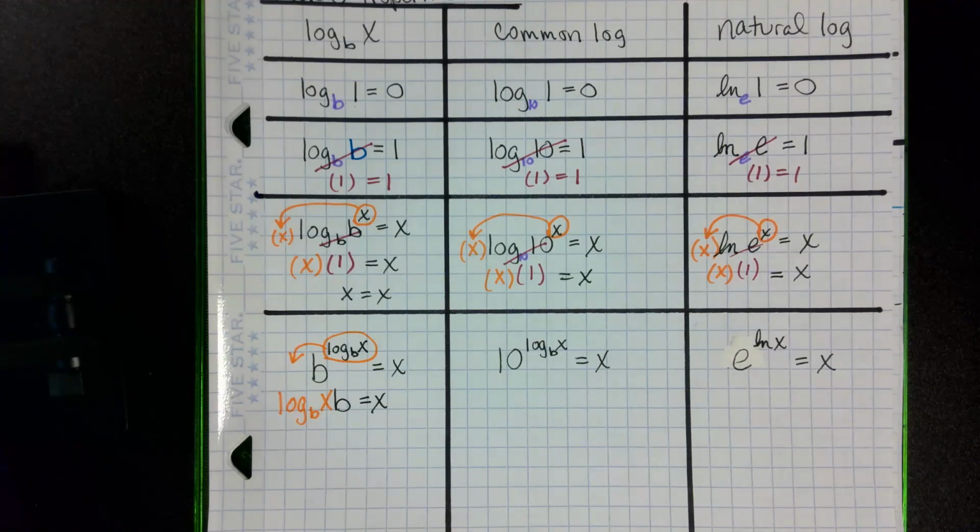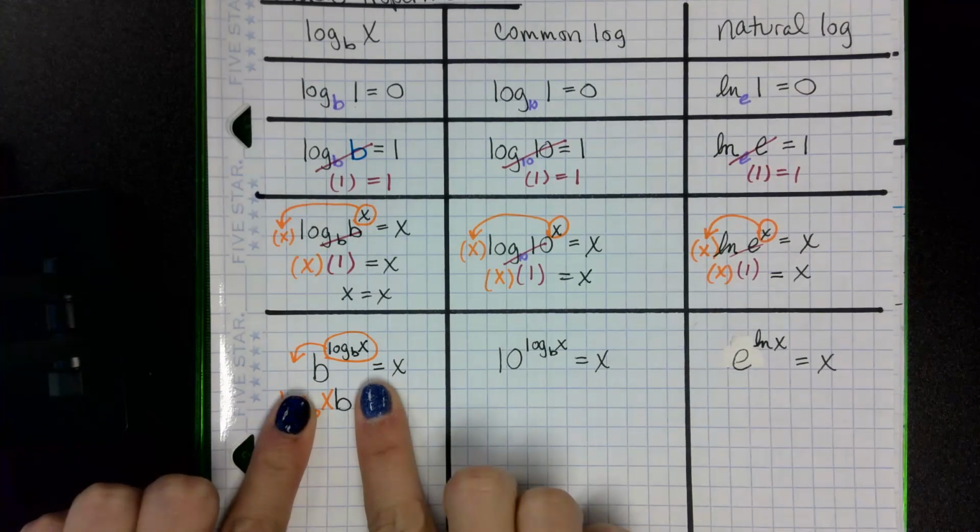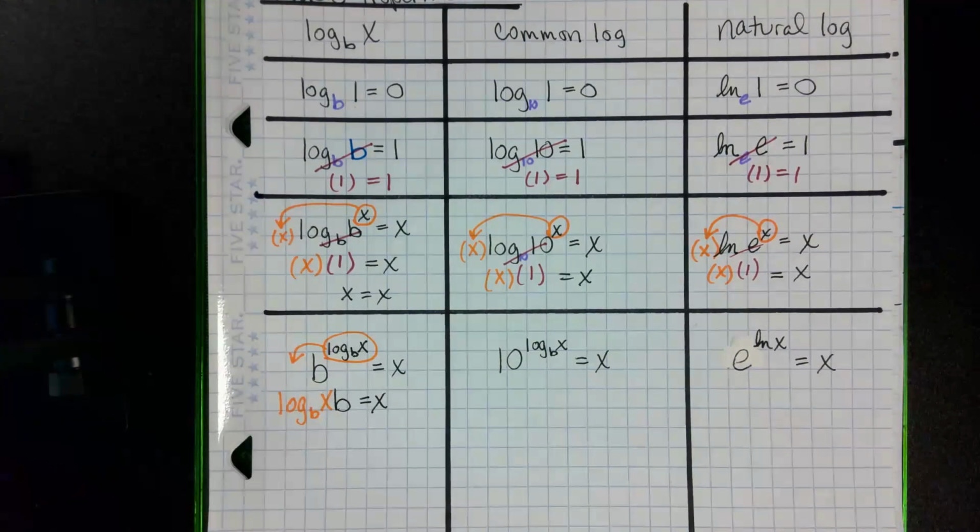Okay, so log base b of xb. So if I just look at the argument, just the xb, that's multiplying. x times b, b times x. It doesn't matter which order. Like if I said 2 times 3 or 3 times 2, they're both 6, right? So x times b is the same as b times x.